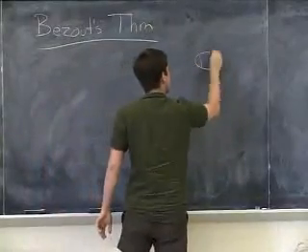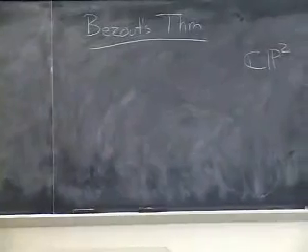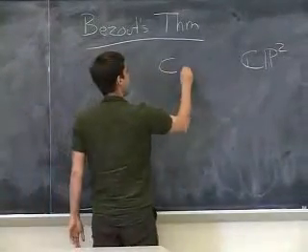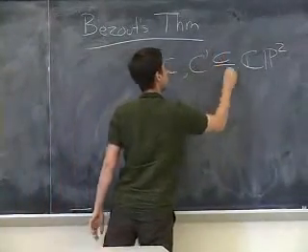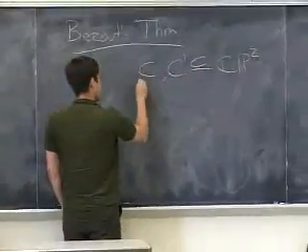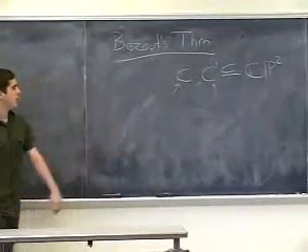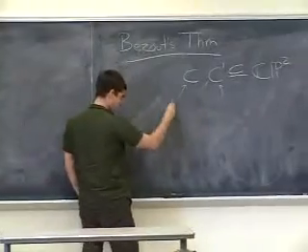So what does Bezout's theorem say? Well, consider the complex projective plane. And suppose I give you two smooth plane curves in the projective plane. So these curves are defined by polynomial equations which have particular degrees.